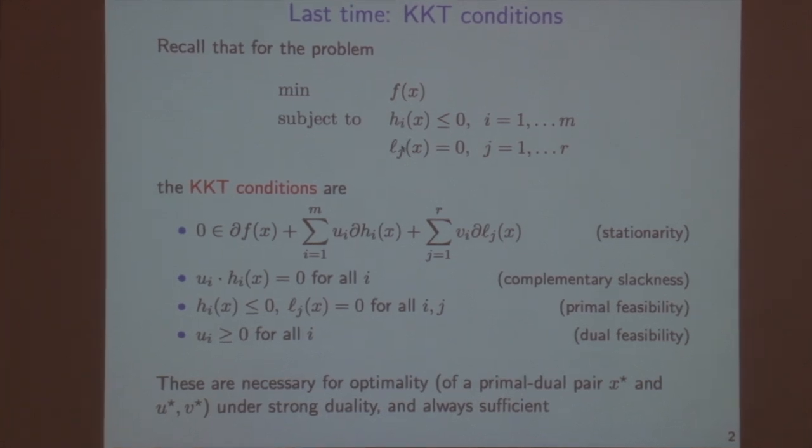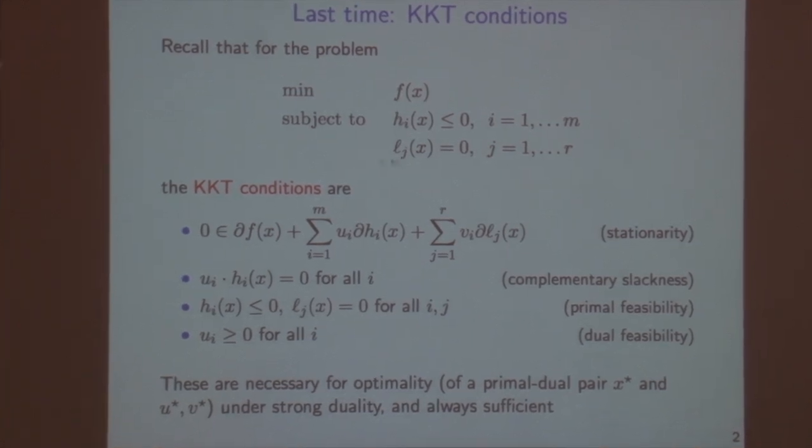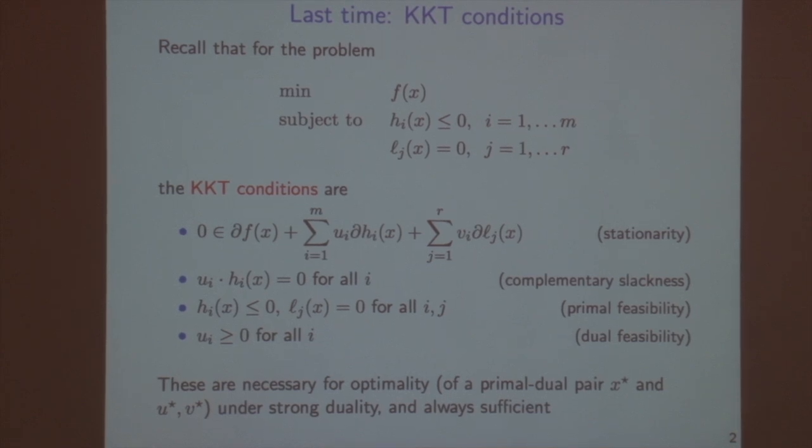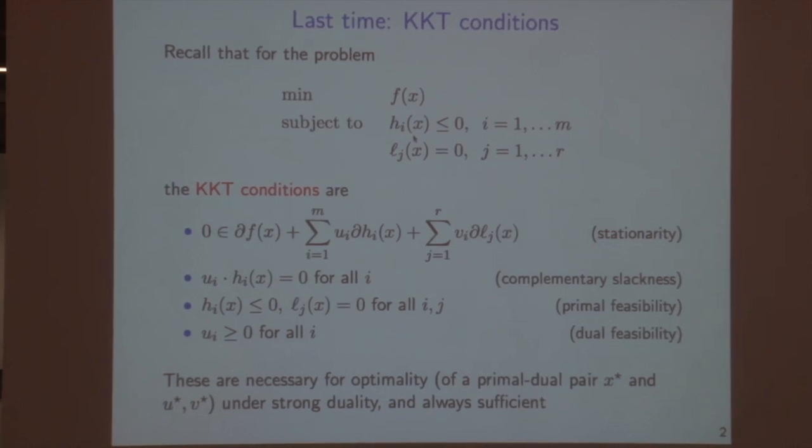We just have criterion, inequality constraints, and equality constraints. The KKT conditions are a set of conditions that apply to the primal variable x and dual variables that are defined for each constraint. So we have one u_i defined for each inequality constraint, one v_j defined for each equality constraint. So the KKT conditions are conditions on x, u, and v all together.